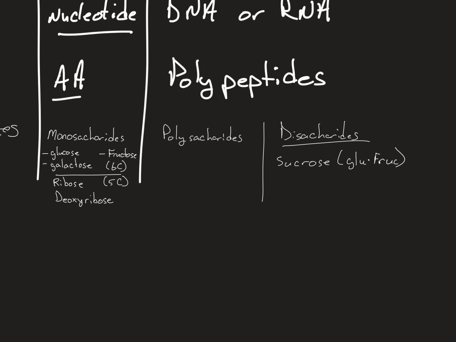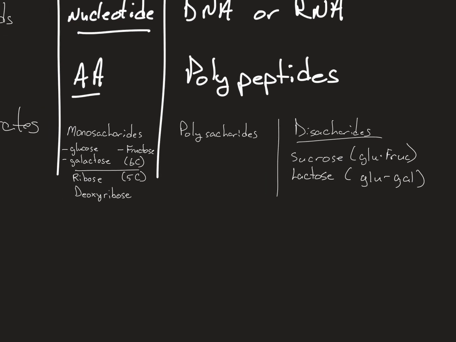And lactose is another disaccharide we talked about. Do you need to know that it's glucose and galactose connected together? No, not really, but it's nice that you know it. It'll help you in the long run, in the years to come. But right now, for this test, no, you do not have to know that.